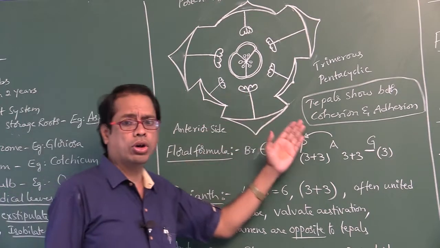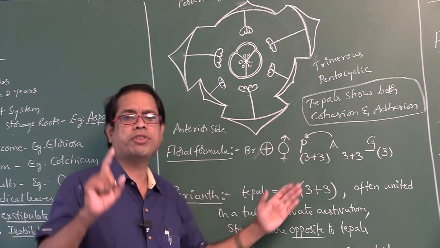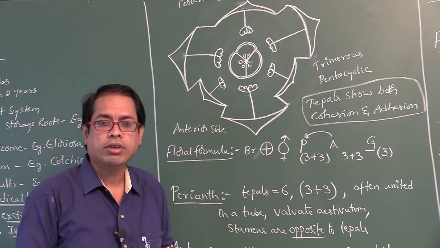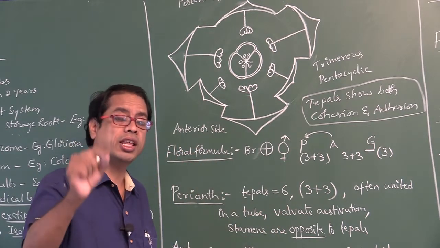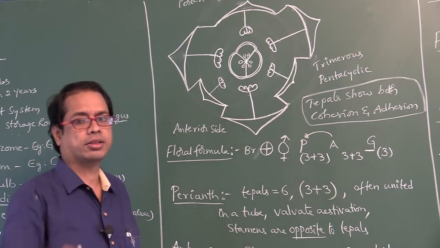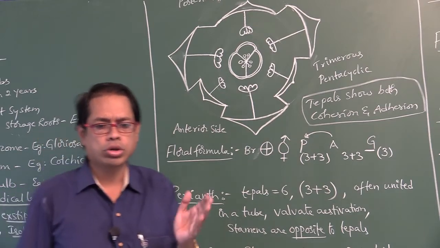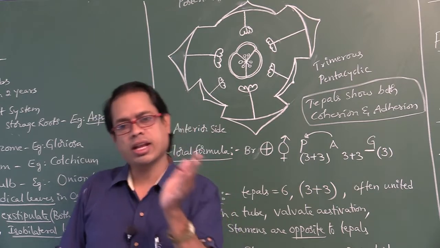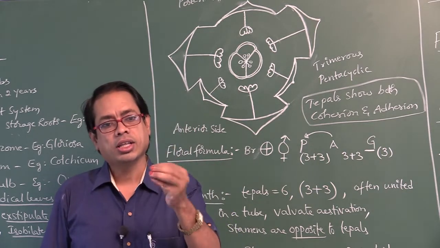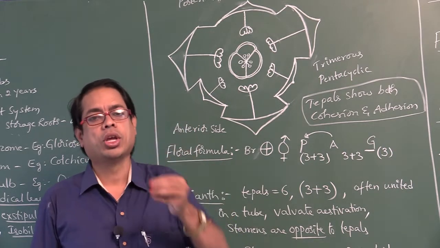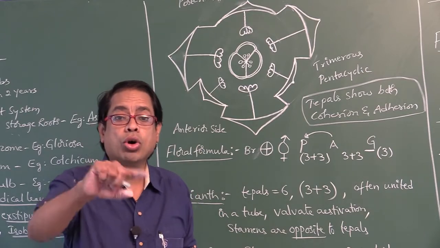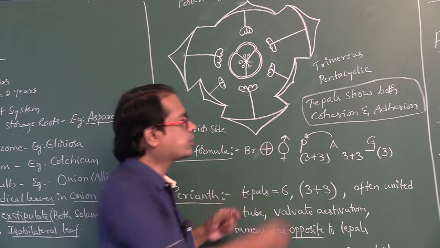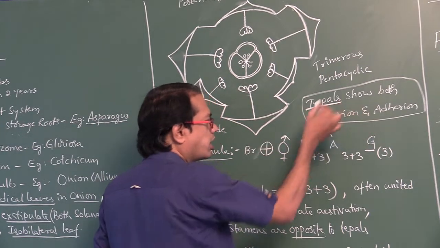So tepals show both cohesion and adhesion, found in which family? Liliaceae. Whereas in Solanaceae, which part will show both cohesion and adhesion? Petals. In Solanaceae, a petal is attached to another petal, and that petal is attached to stamen also. So petals show both cohesion and adhesion in Solanaceae. Here tepals show both cohesion and adhesion.